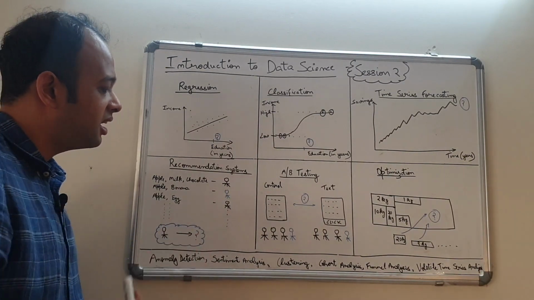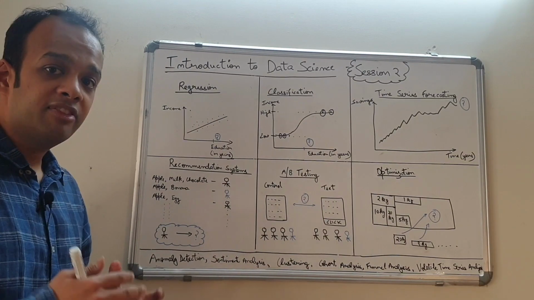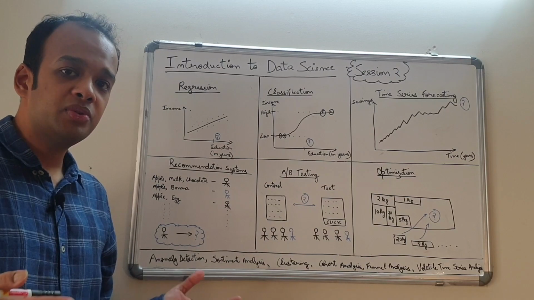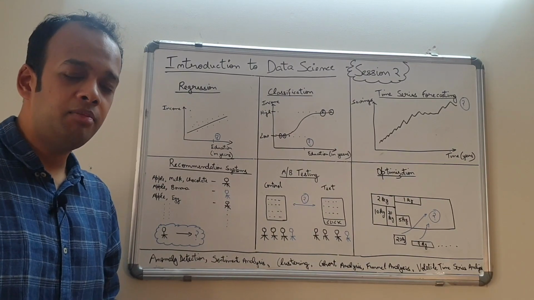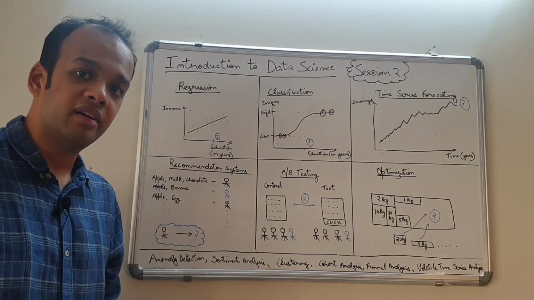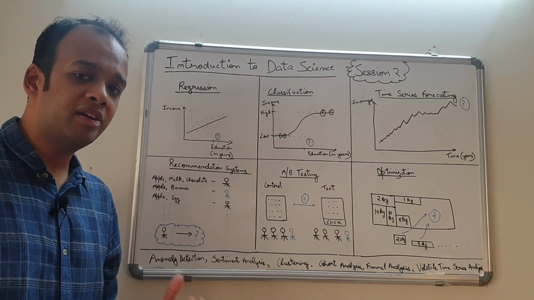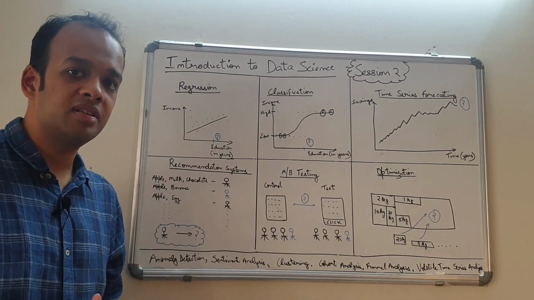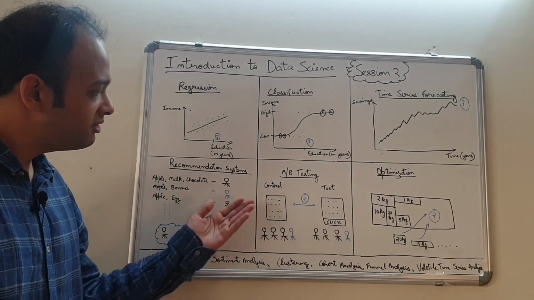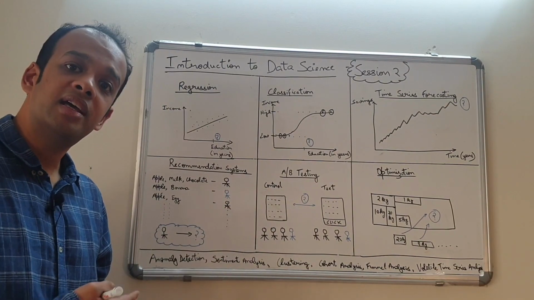A/B testing is the next one. Basically we have two versions of a page and we want to see whether the new version will appeal more to users and they will be more likely to, for example, click on it, right? So here the metric that we are looking at is the click-through rate, but the metric that we want to optimize can be another metric like the duration that the person is staying on the page. Here we have a control group where the experimental condition is not applied.